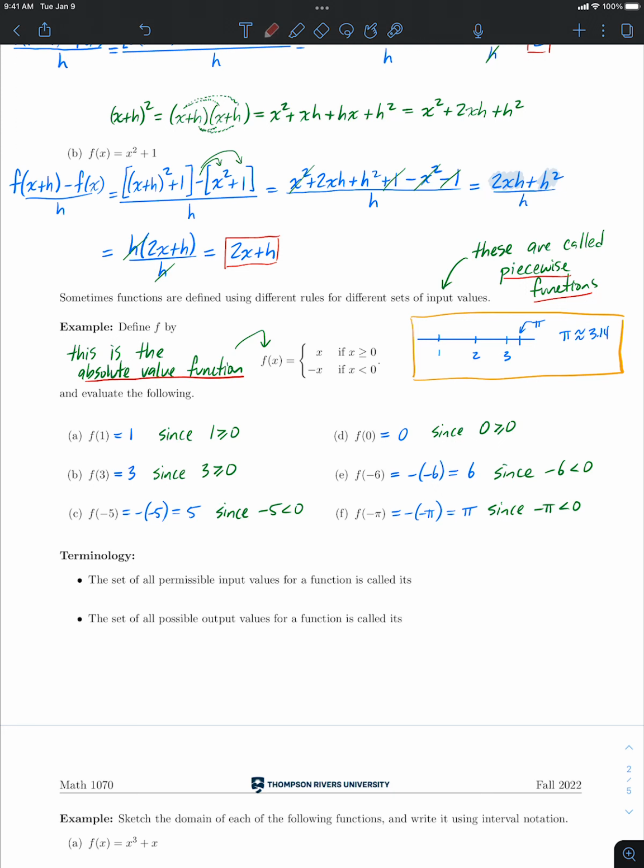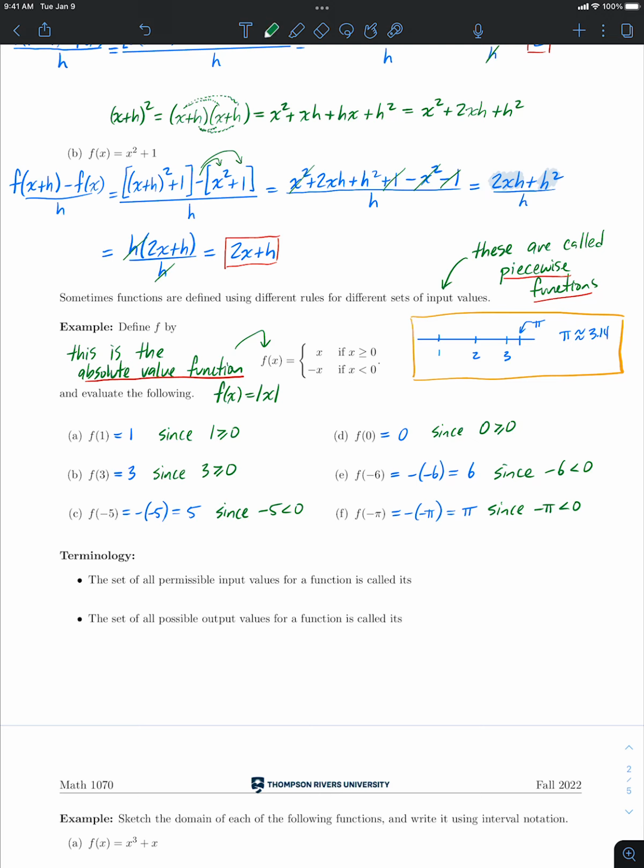So in other words, we could have written f of x is equal to the absolute value of x. So this is another way to define the absolute value without having to refer to terms like distance from zero and whatnot. This is a strictly algebraic definition of the absolute value function.